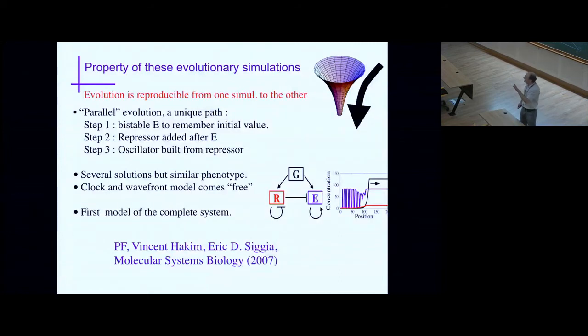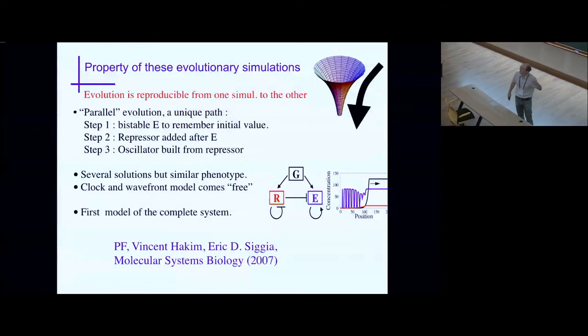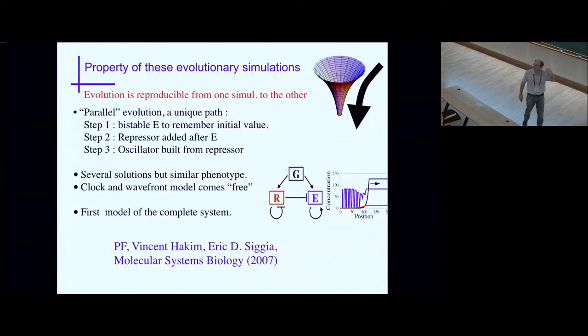I'm not claiming that nothing else is possible. I'm a physicist. I'm asking what is the barest minimal thing I can get with a minimum number of hypotheses? What can I evolve? I get this. This is a statement I make. And it turns out that it's not that far from the real system, which is interesting, I think.